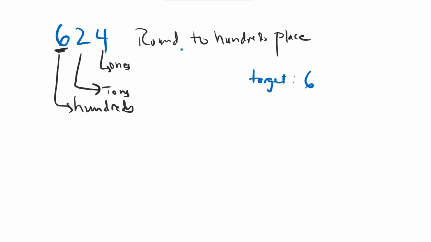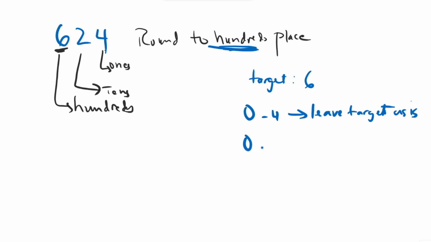This is the hundreds place, and this is what we need to pay attention to. That's a keyword: target. If the next digit is from 0 to 4, I've tried to give you a shortcut here. It says leave target as is, and then you add zeros.